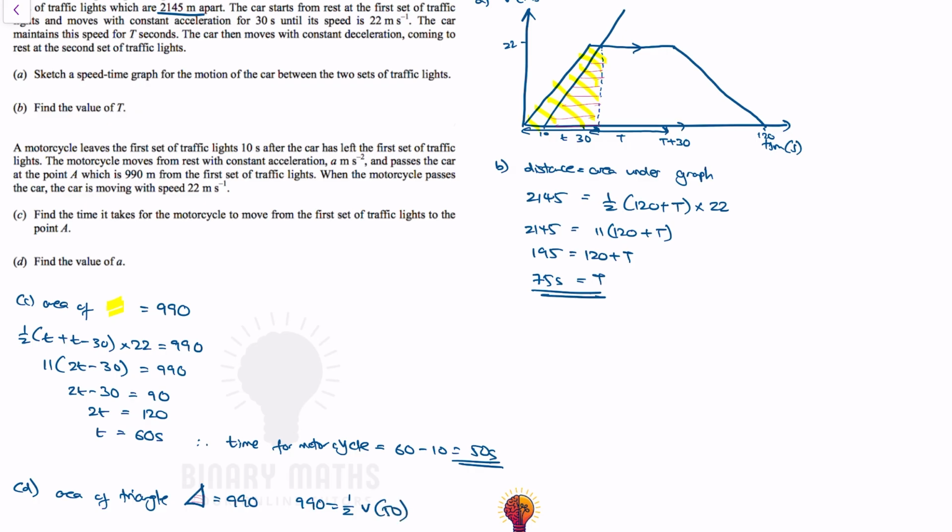Which means 990 must be equal to 25V. So V must be equal to 990 over 25, which is 39.6 meters per second. So the acceleration is the change in V over the change in T, which is 39.6 over 50, which is equal to 0.792 meters per second squared.